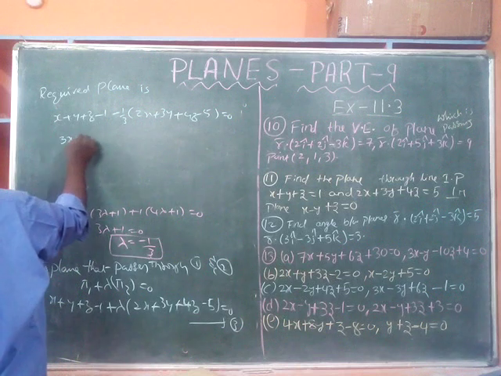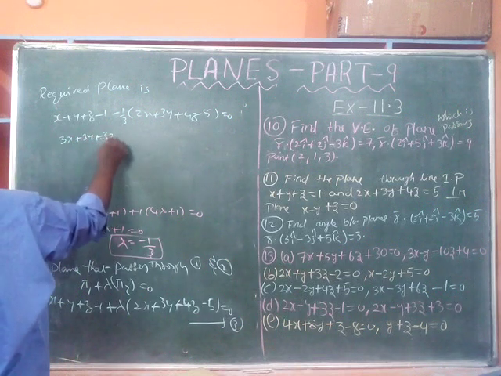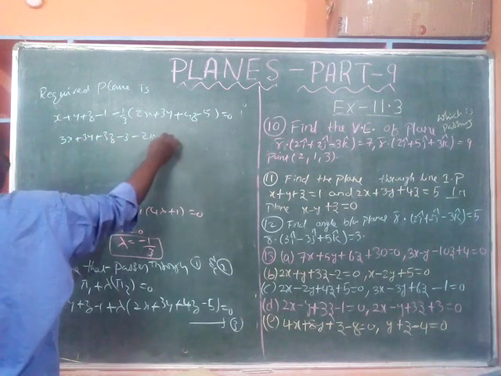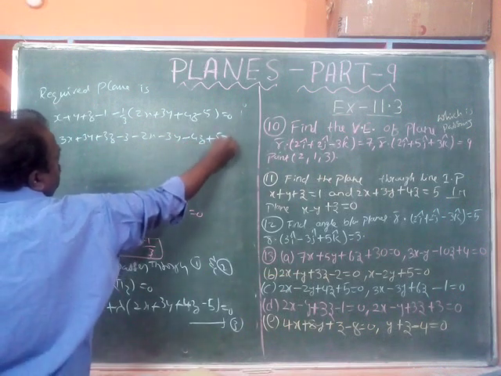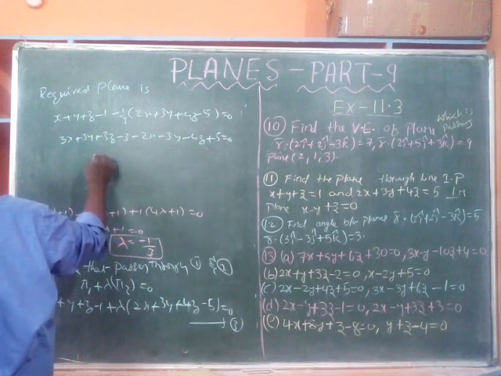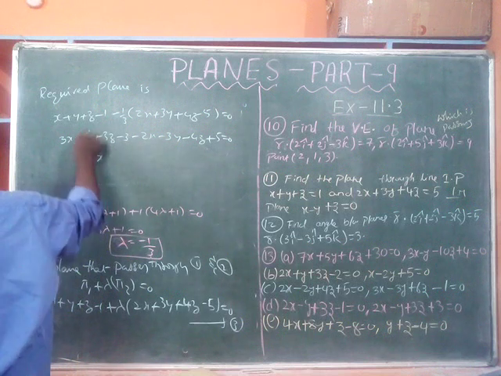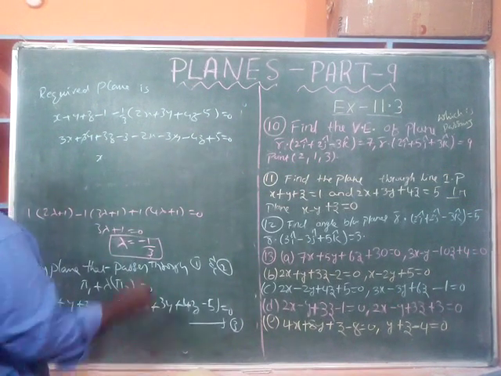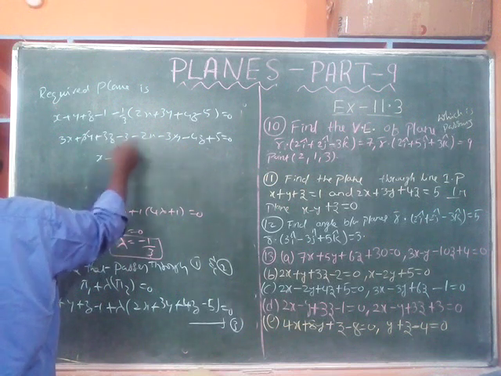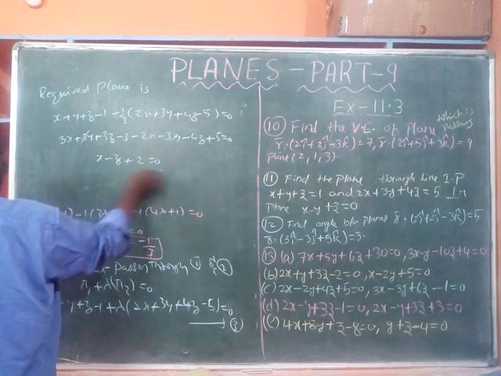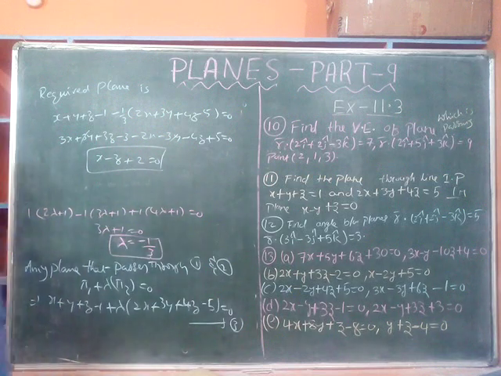It is 3x plus 3y plus 3z minus 3 minus 2x minus 3y minus 4z plus 5 is equal to 0. 3x minus 2x is x, 3y and 3y cancel, 3z minus 4z is minus z, and minus 3 plus 5 is plus 2 is equal to 0. So that is the required plane.